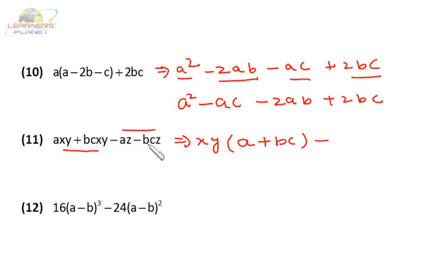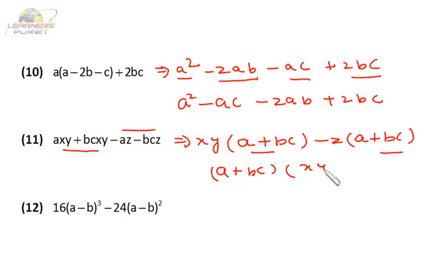Then I am taking minus z as common. Minus az divided by minus z, I'll be left with a. Minus bcz divided by minus z, I'll be left with positive bc. Now a plus bc is common between the two, so I take it as common. Then it is xy minus z. Quite simple.